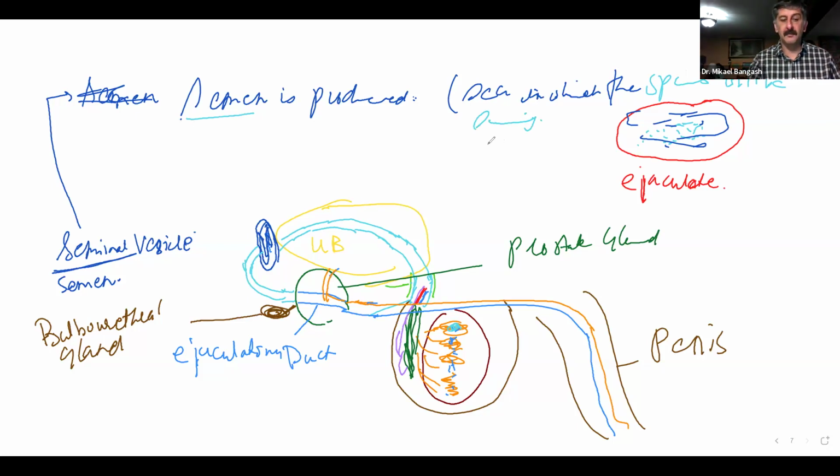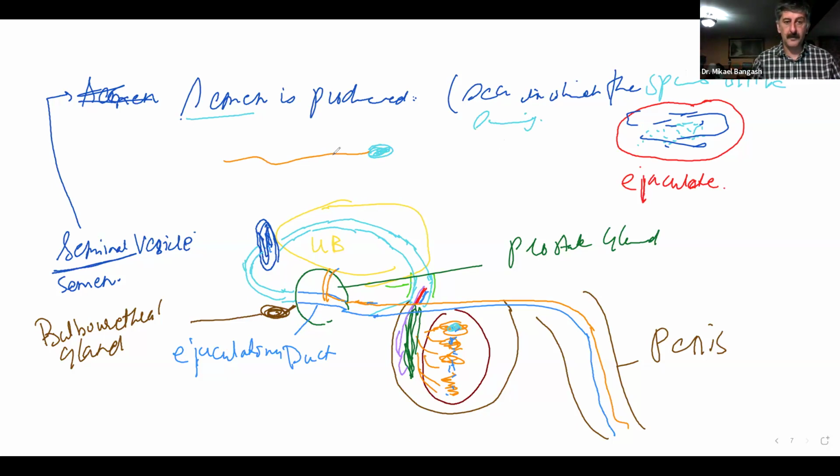And why do we say swimming? Because of the flagella that the sperms have. If we look at a sperm, it has a main body and then this tail-like structure, which is the flagella.